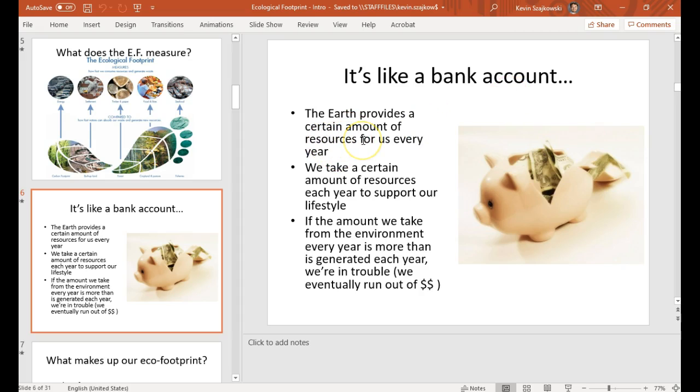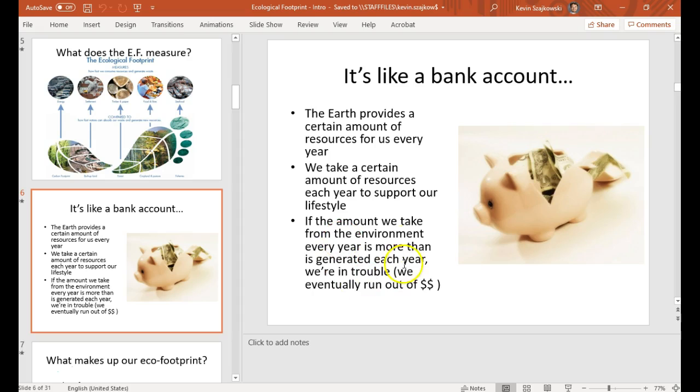Every year the Earth is providing us a certain amount of resources, and we consume or take out a certain amount of resources, like we would take money out of a bank account to support our lifestyles as humans. And the question becomes, are we taking more resources from the environment than the environment can put back in the space of a year? Are we consuming more money than that bank account is getting added to? And if that's the case, then we're eventually going to run out of money.